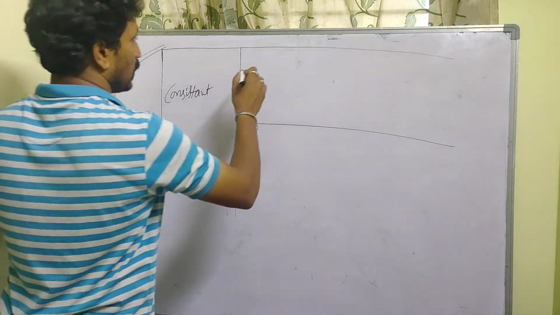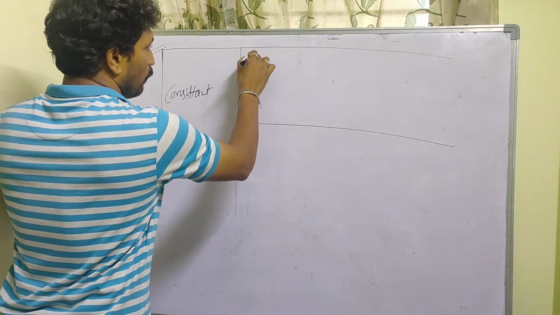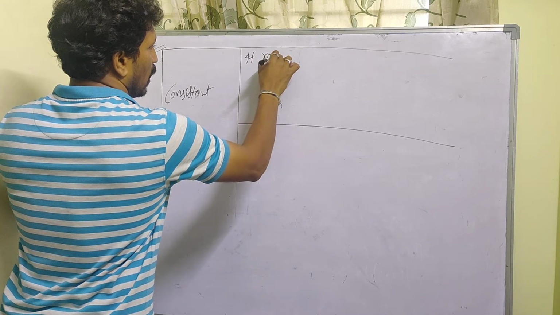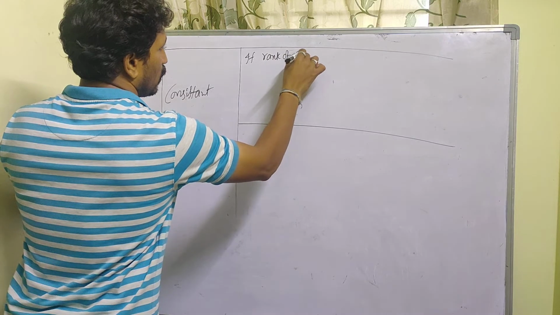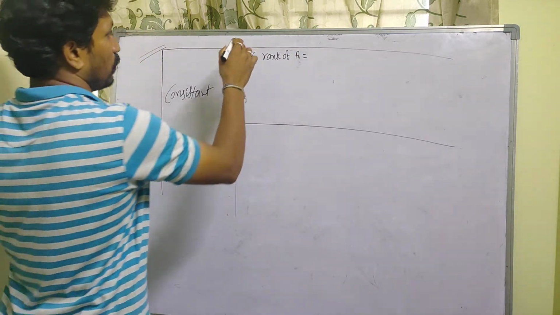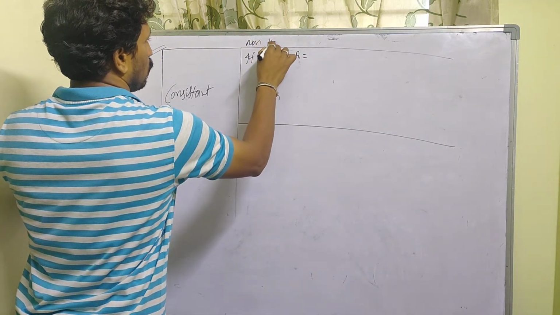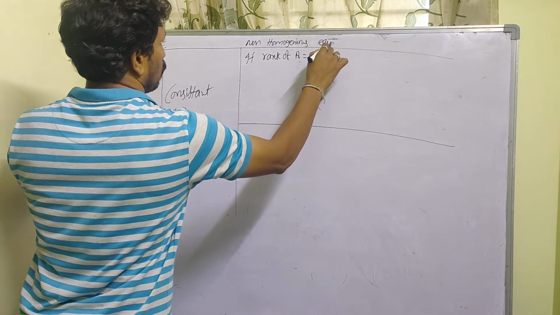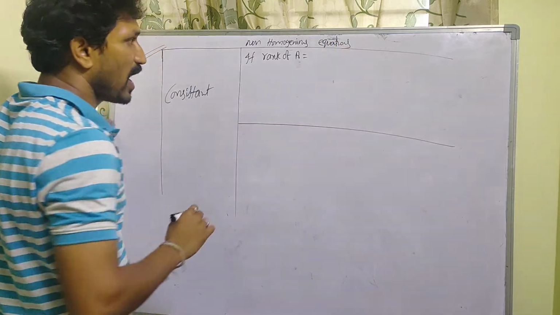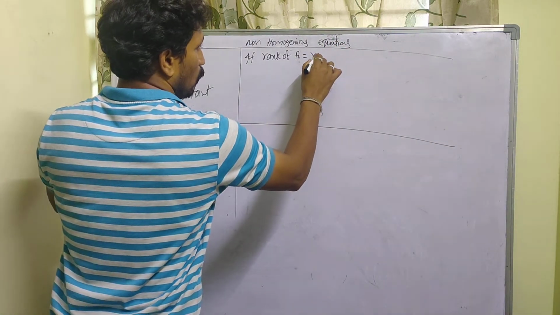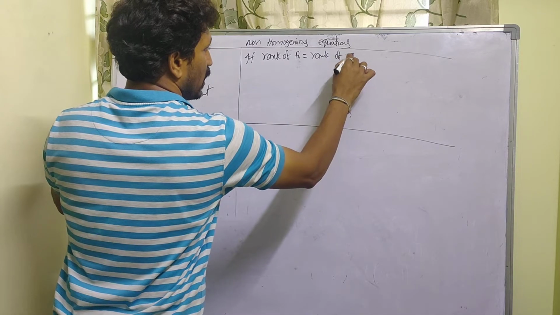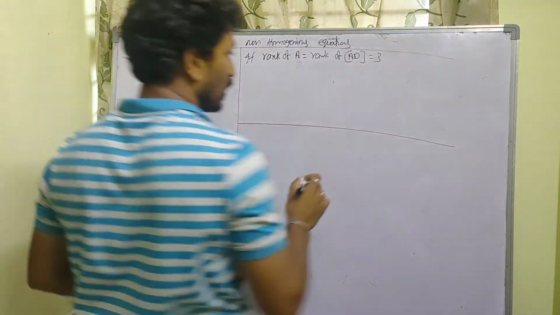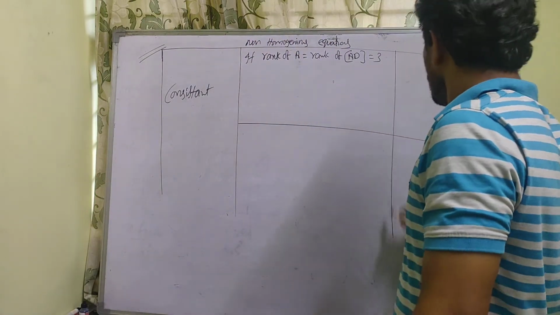That is nothing but, if rank of A, this is for non-homogeneous equations, if rank of A is equal to rank of AB is equal to 3, then it has a unique solution.